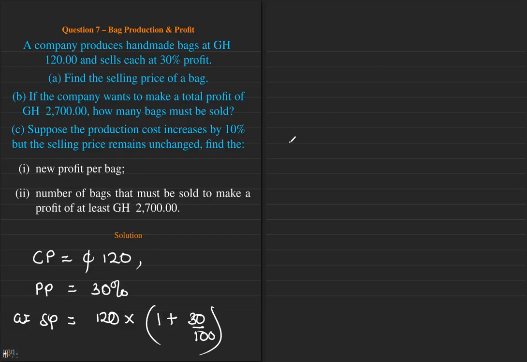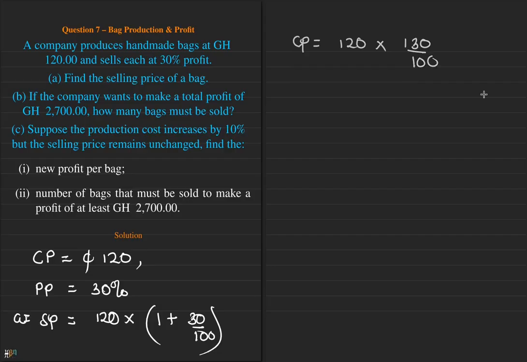So evaluating that, we have our selling price, which is then equal to 120 times, if you evaluate 1 plus 30 over 100, it simply gives us 130 over 100.